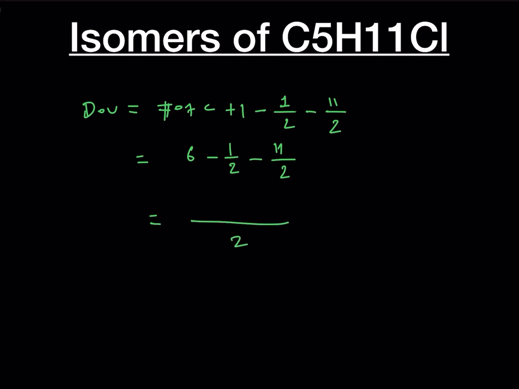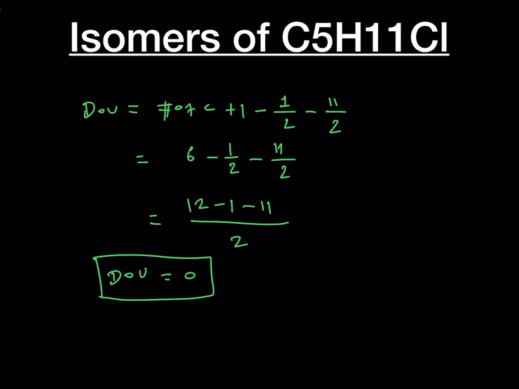So, in this case it becomes 12 minus 1 minus 11. So, everything becomes 0. So, the degree of unsaturation here is 0, which means that we will not have double bonds or rings. So, it is a completely saturated elemental composition.